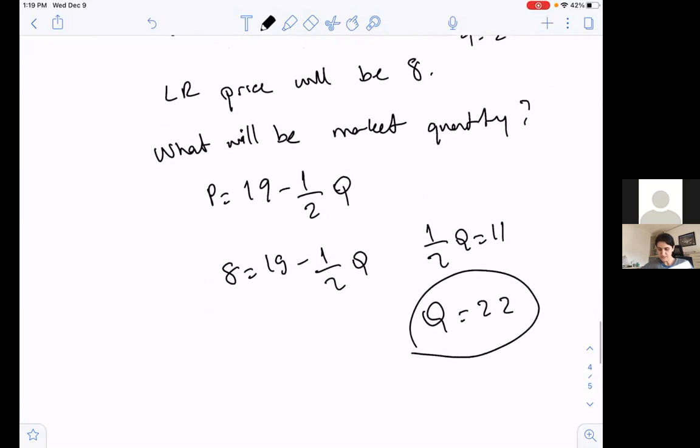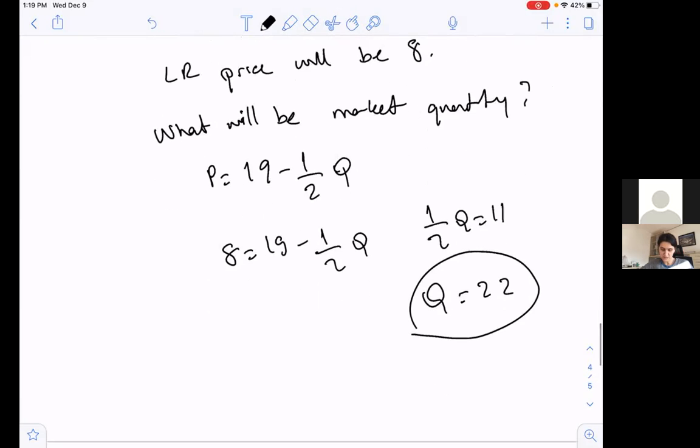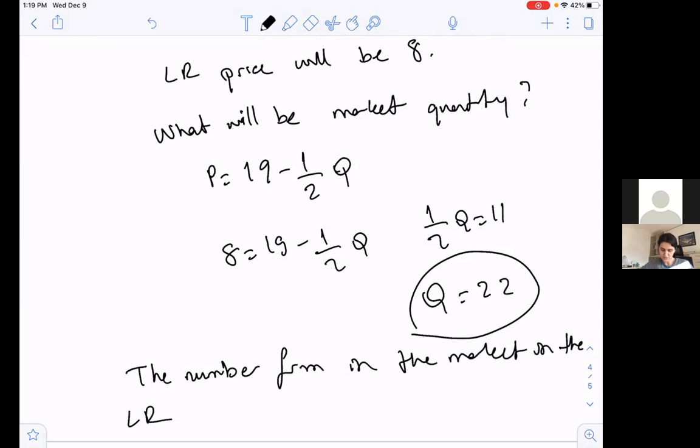In order to find the number of firms in the market in the long run, you can divide big Q by small q. We found big Q as 22, small q as 2, so 11 firms.